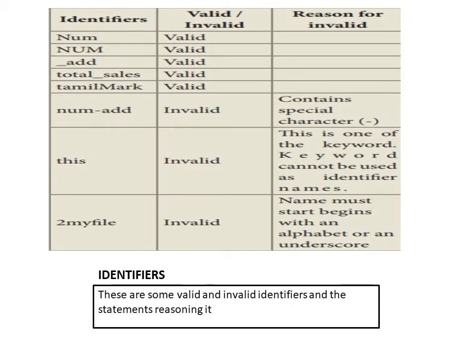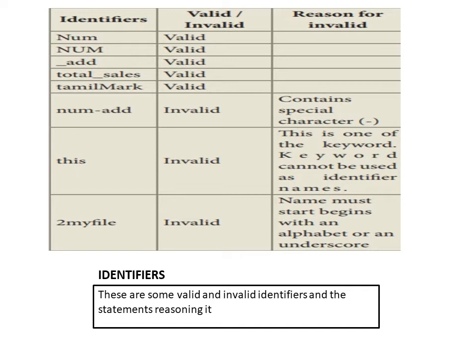These are some examples of valid and invalid identifiers and the reasons why they are invalid. Let's look at the invalid ones. The first one, num-add. It's invalid because between num and add there's a hyphen. We can only use underscore as a special character, nothing else. The next one is a keyword.